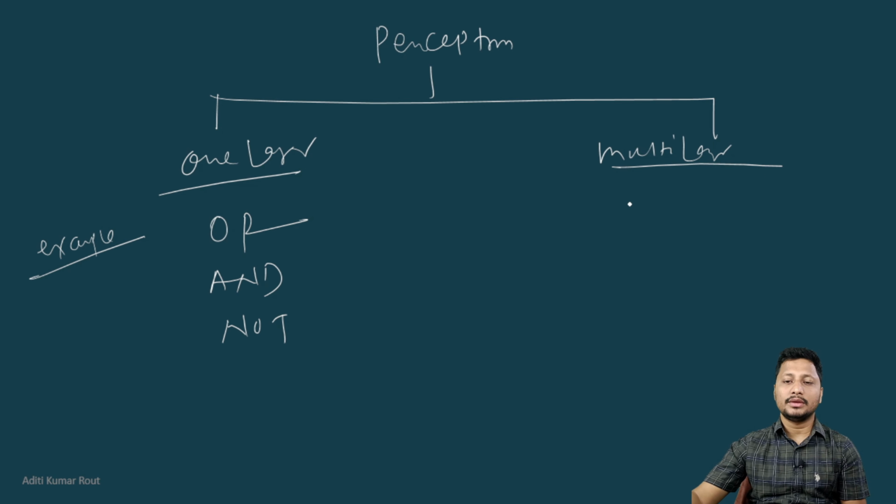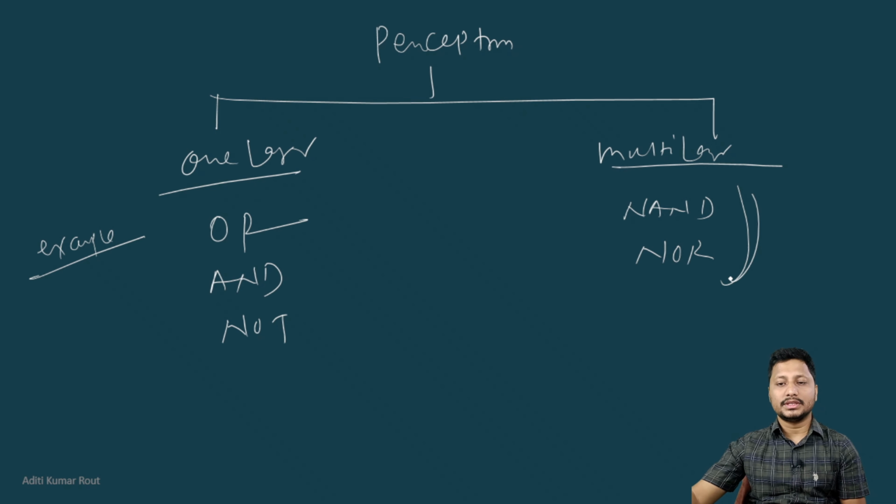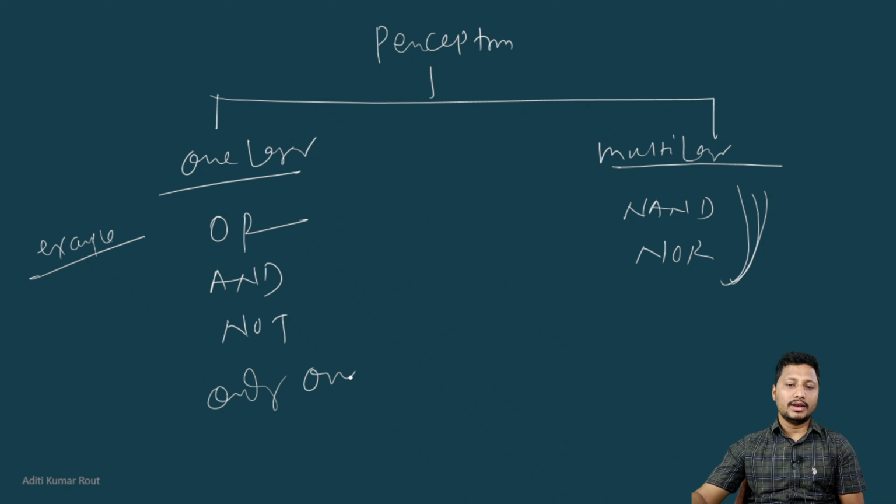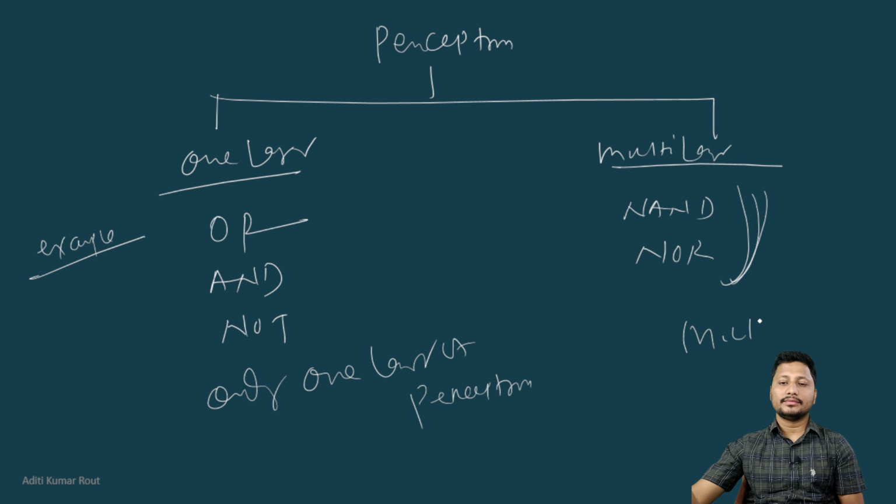Here we can also implement the NAND gate and NOR gate. These are the examples we can implement. And this is only one layer of perceptron. Here, multi-layer of perceptrons.